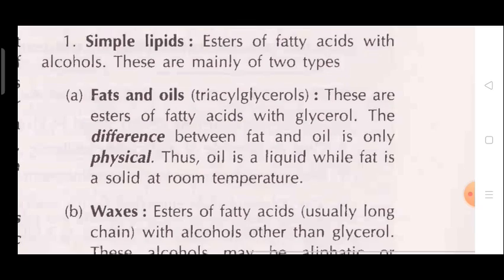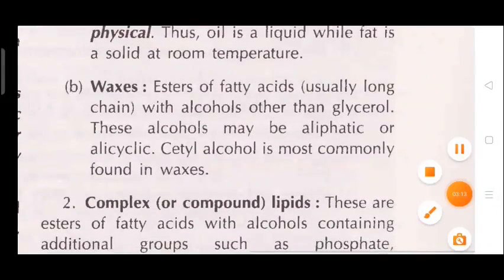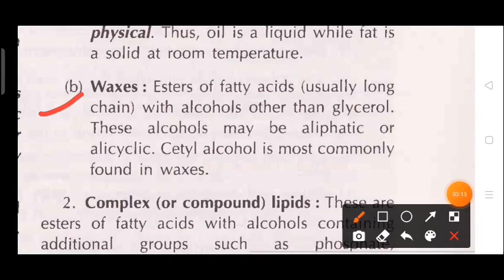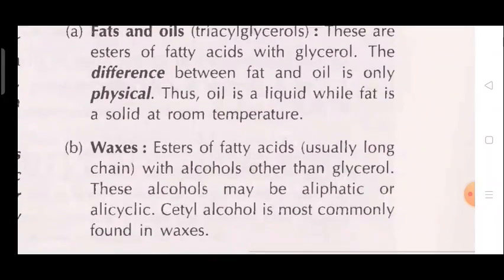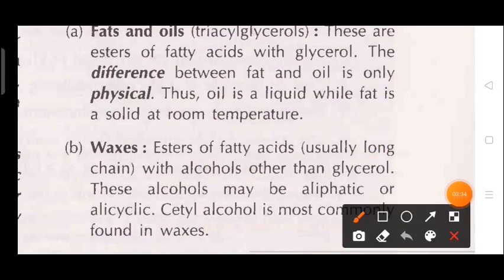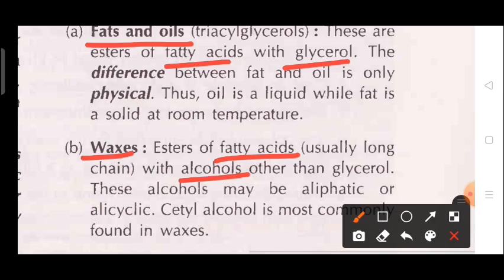The next type in simple lipid is waxes. Waxes are esters of fatty acids, usually long chain, with alcohol other than glycerol. So in fats and oils, fatty acid with glycerol is present, while in waxes, fatty acid with alcohol is there.